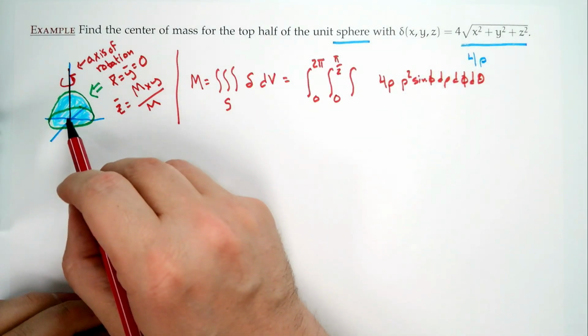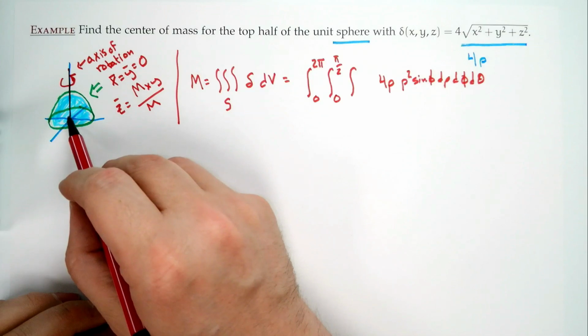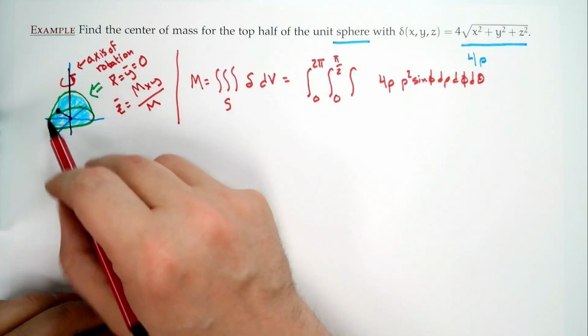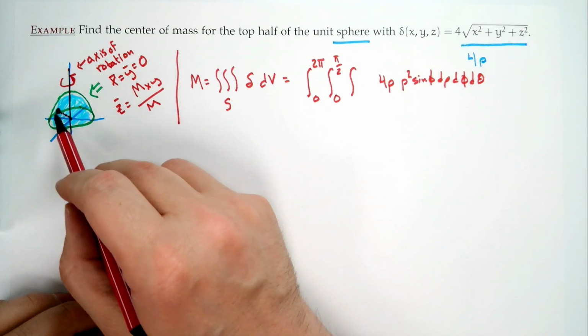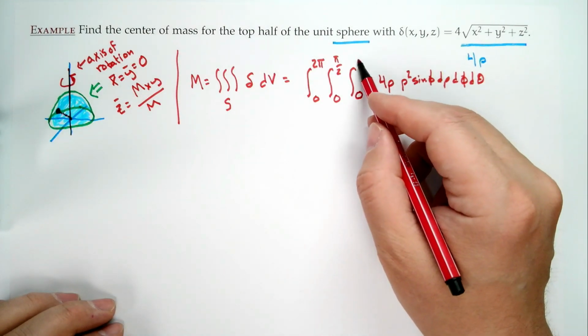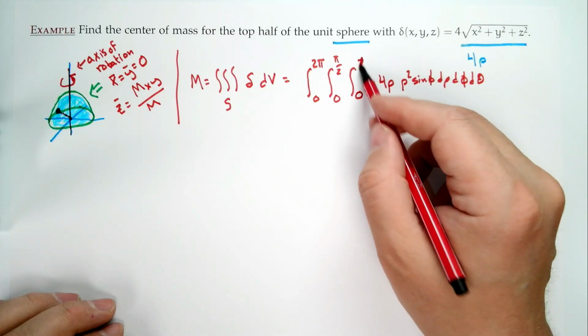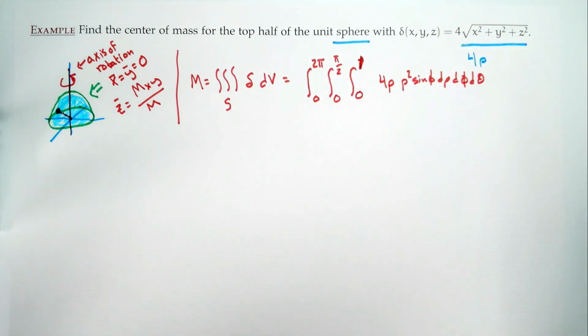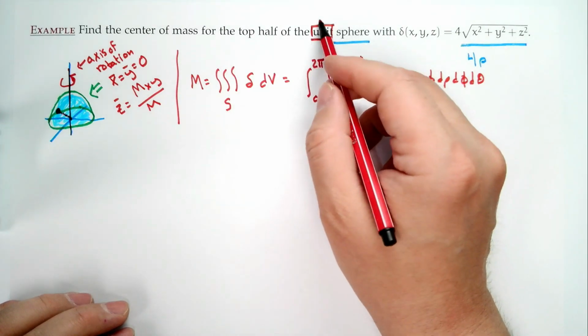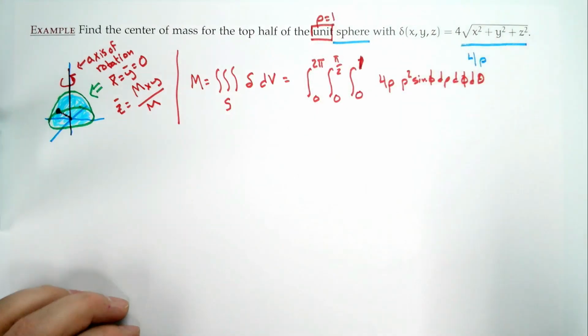Rho says, how do you relate to the origin? From the origin, if I go in some direction, I'm going to go until I hit my sphere. So I'm going to go from rho equals 0 out to rho equals 1. Whoops, I almost said rho equals 2. It's the unit sphere. You see unit here. This says that rho equals 1.